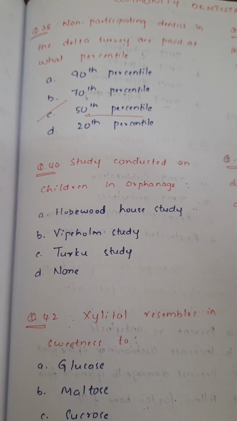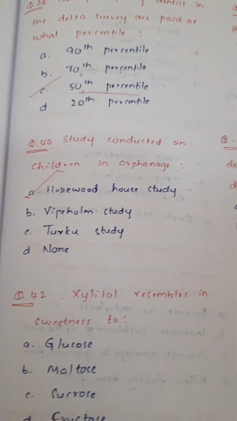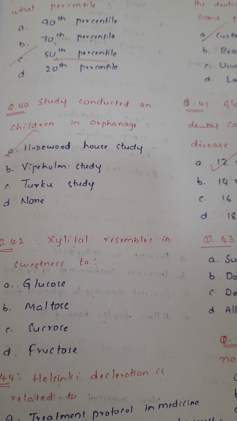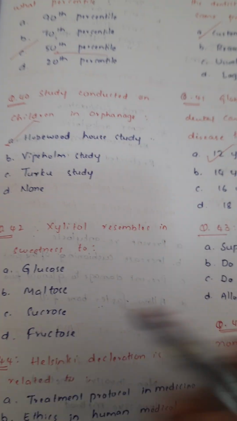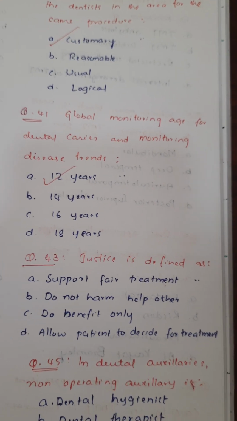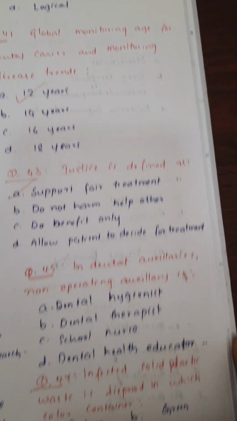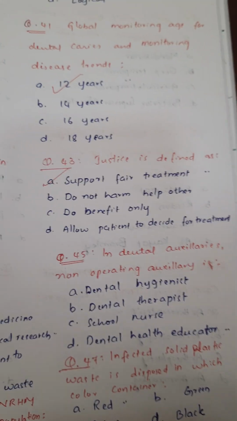And the study conducted on children in orphanages is Hopewood House. Xylitol resembles in sweetness to sucrose. And justice is defined as support for fair treatment. In dental auxiliaries, non-operating auxiliary is dental health educator.